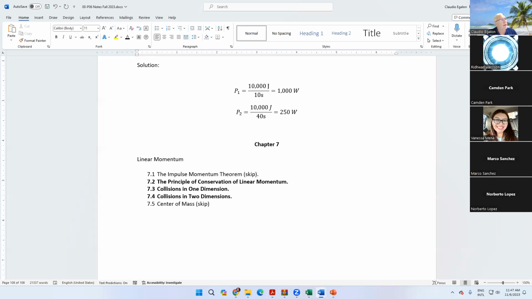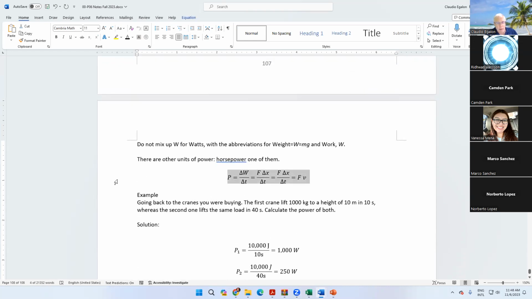Okay, let's see where this idea of momentum shows up. The idea of momentum is closely related to Newton's first and third laws of motion. Okay, I want you to remember the following.